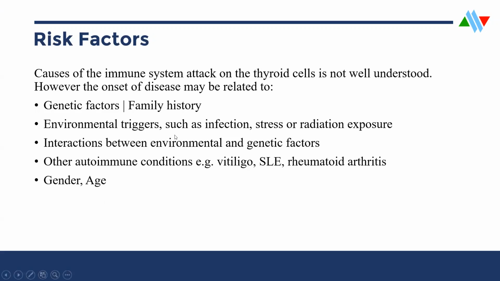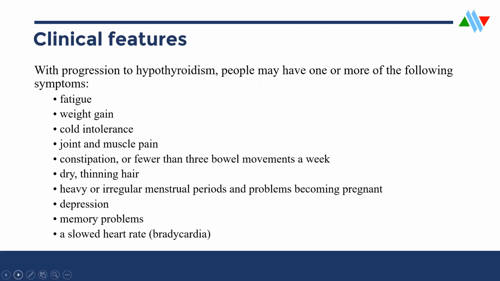But there are other environmental triggers such as stress or exposure to some radiation. But also the presence of other autoimmune conditions such as vitiligo and so on can also trigger this autoimmune thyroiditis.